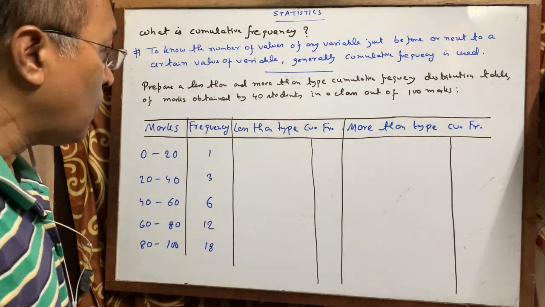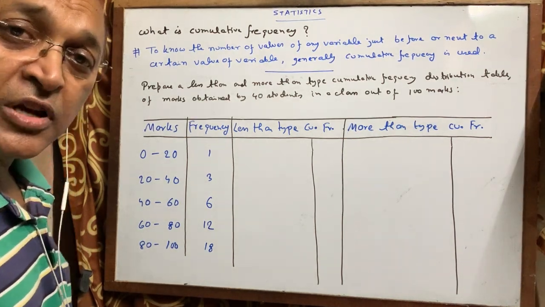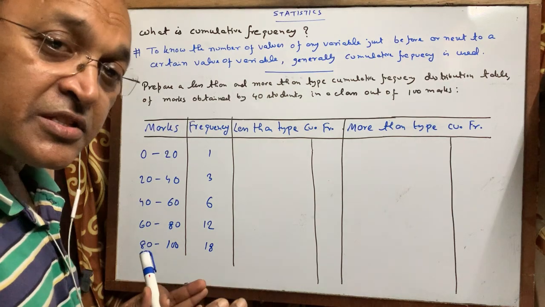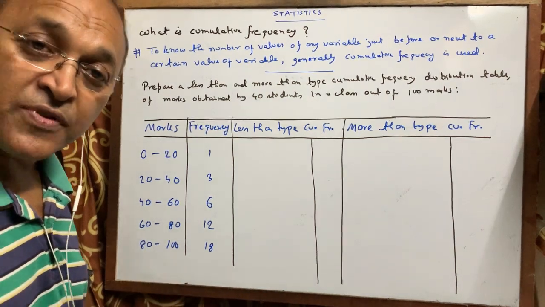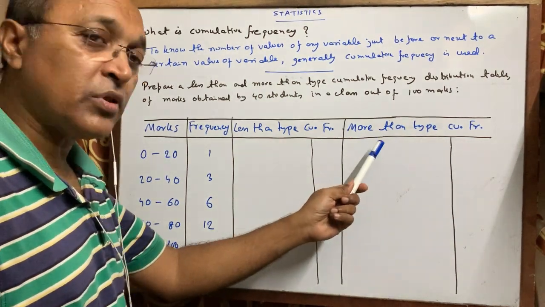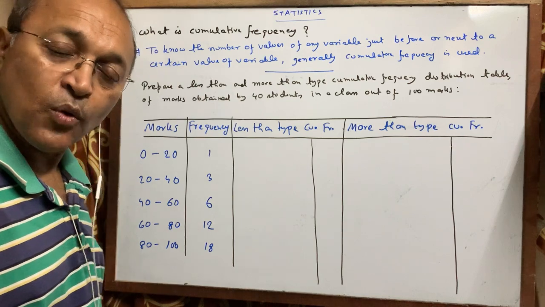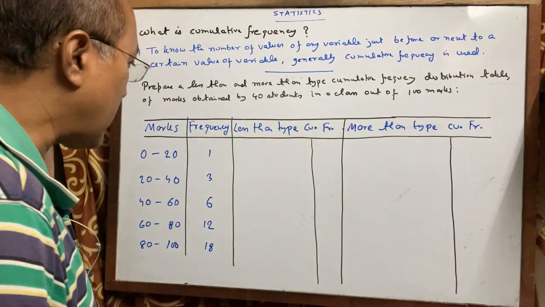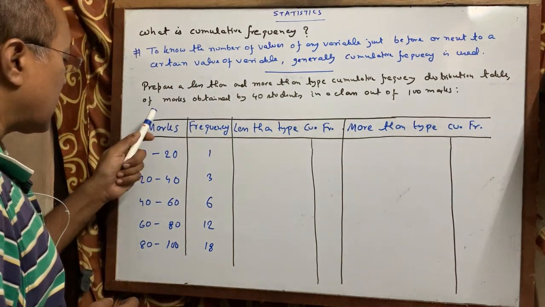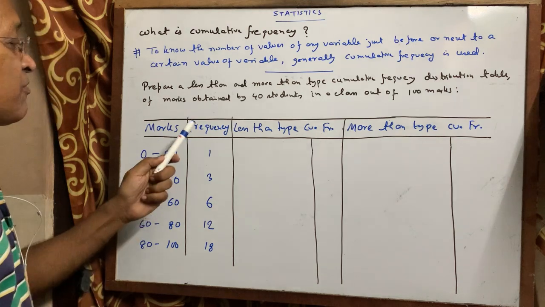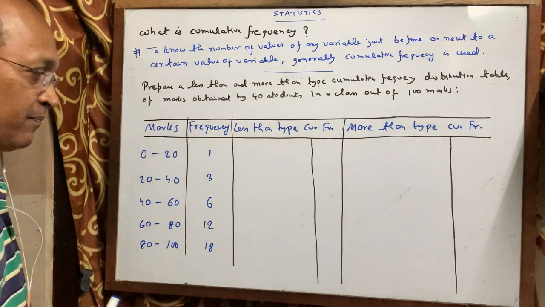Okay. We have been asked to determine less than cumulative frequency first and then more than cumulative frequency. So here we are writing first the class interval given, the frequency given. Okay.